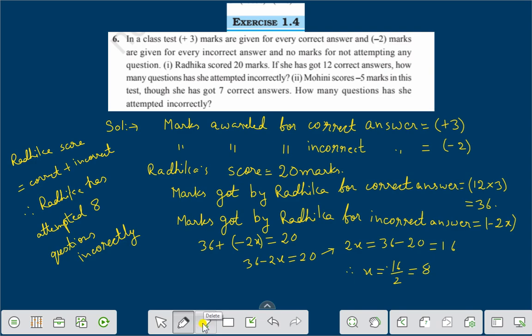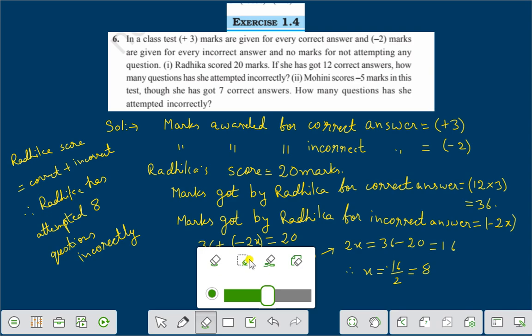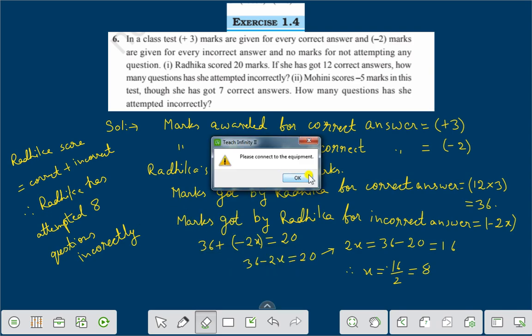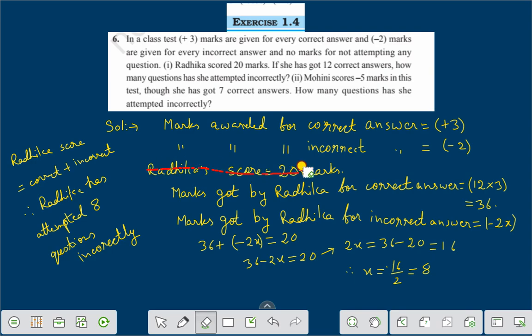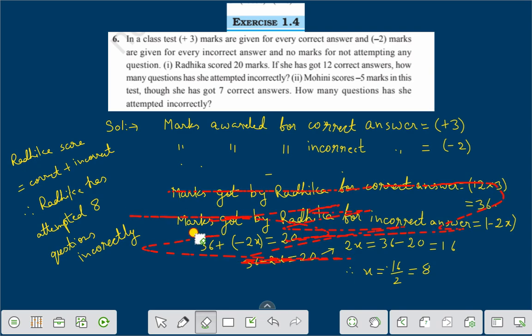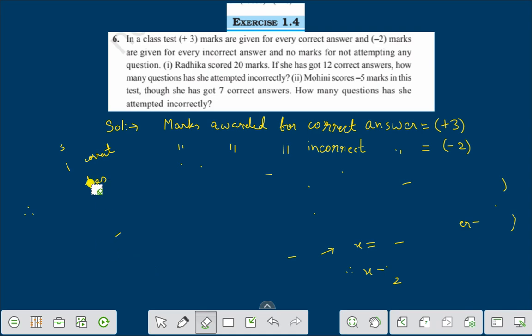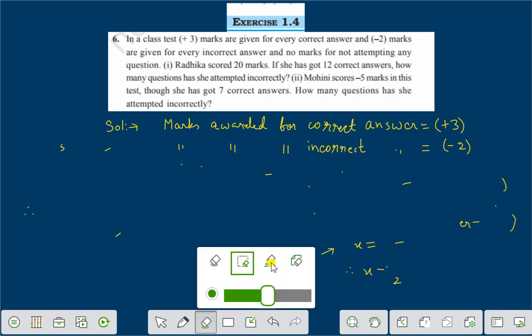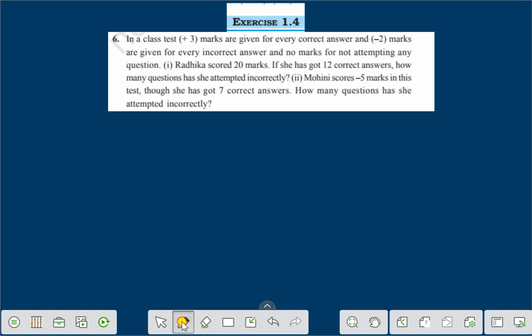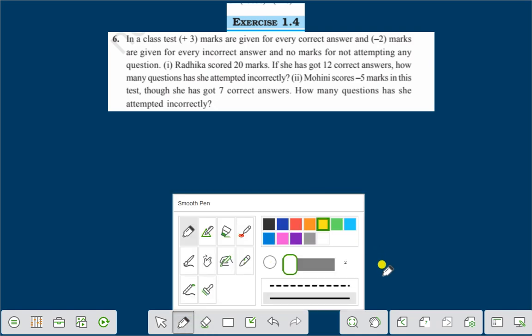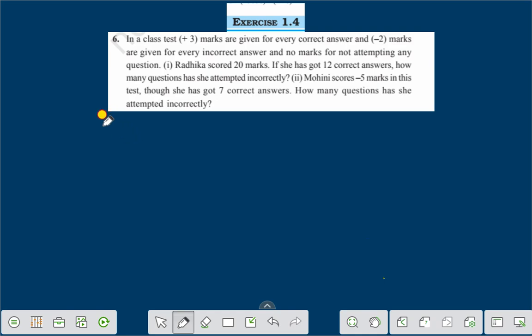Now the second part. Second part is the same question.